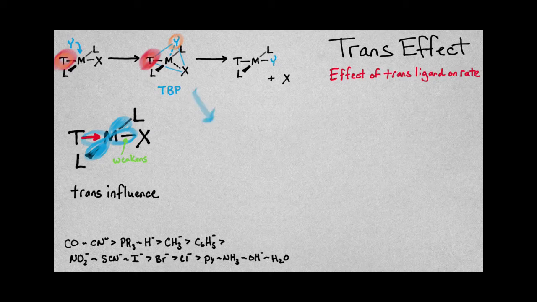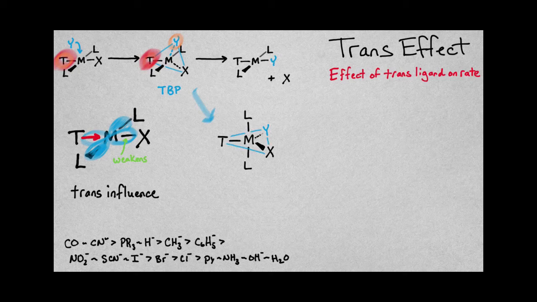Now, to illustrate the effect of pi bonding, we want to redraw this intermediate so we can display the orientation in a way that's going to help us see the orbitals a little better. So I'm rewriting this complex, which is sort of on its side right now. The axial ligands are pointed this way, and we can see the triangle base here. I'm rewriting it so the ligands are up and down, and there's my triangular base right here.